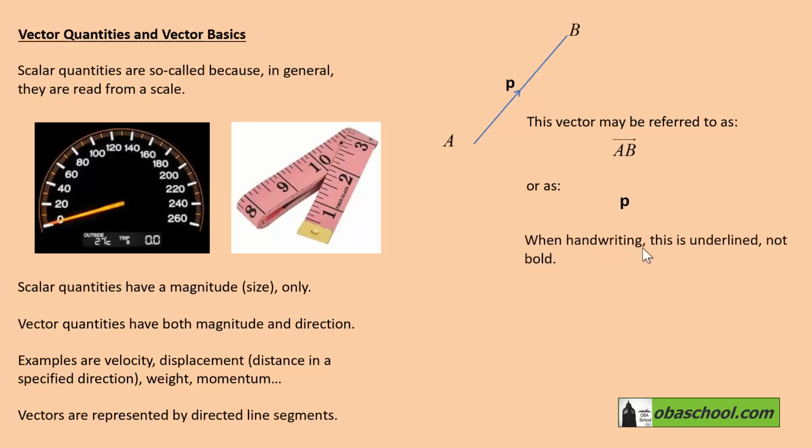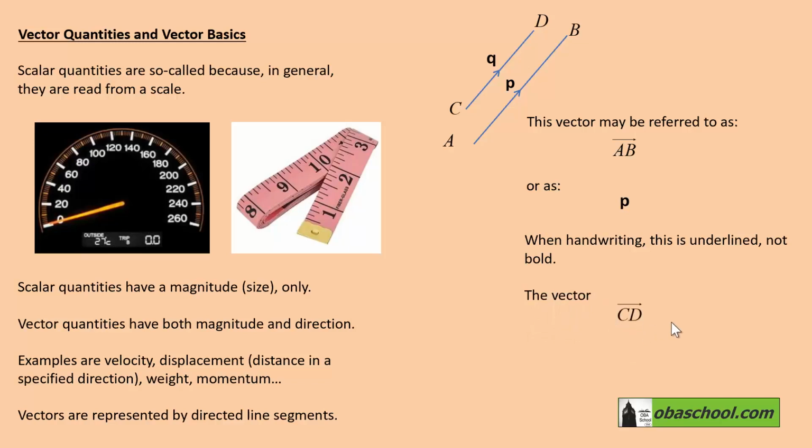When handwriting, this is underlined, not bold. This vector here we would call CD, or perhaps q.